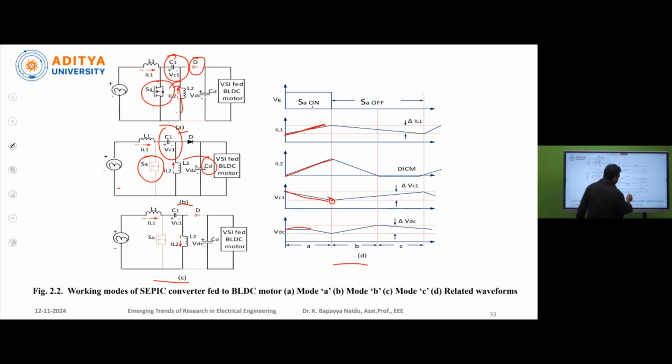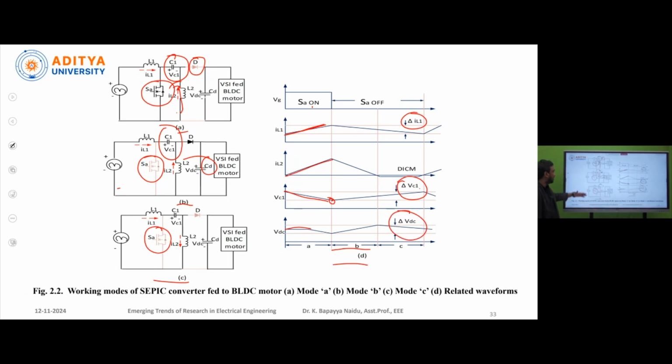Okay, from mode C. Now, here in this mode, still SA is in off state and gets ready to on. In this state, delta IL1 represents the change in inductor current, and change in capacitor voltage VC1, that is represented by delta VC1, and change in this DC link voltage VDC, delta VDC.